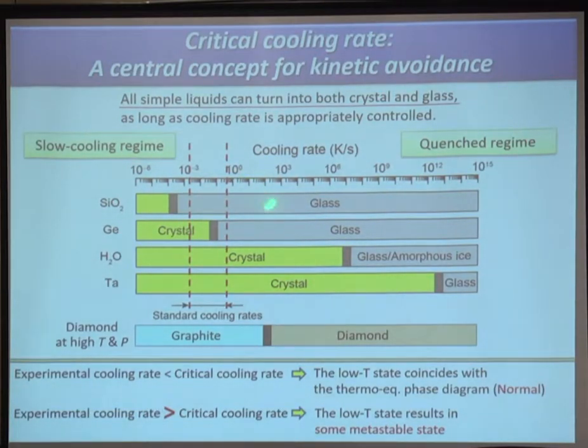And also we can define a critical cooling rate for the diamond to graphite transition. The point is, when the experimental cooling rate is lower than the critical cooling rate, the low temperature state coincides with the thermal equilibrium phase diagram. This is quite a normal situation. But when the experimental cooling rate is higher than the critical cooling rate, the low temperature state results in some metastable state. So we are now extending this idea to various functional materials.